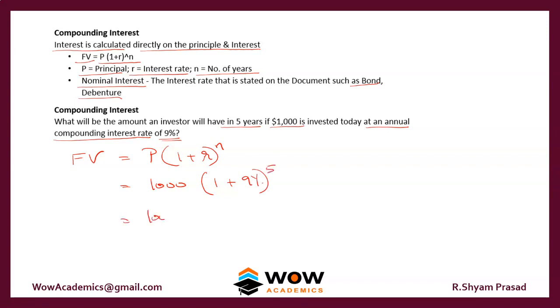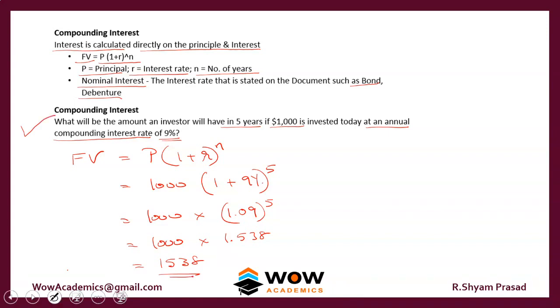So our answer will be 1000 into 1.09 to the power of 5. So we will solve 1.09 to the power of 5, which is 1.538. So the total amount comes to 1538.